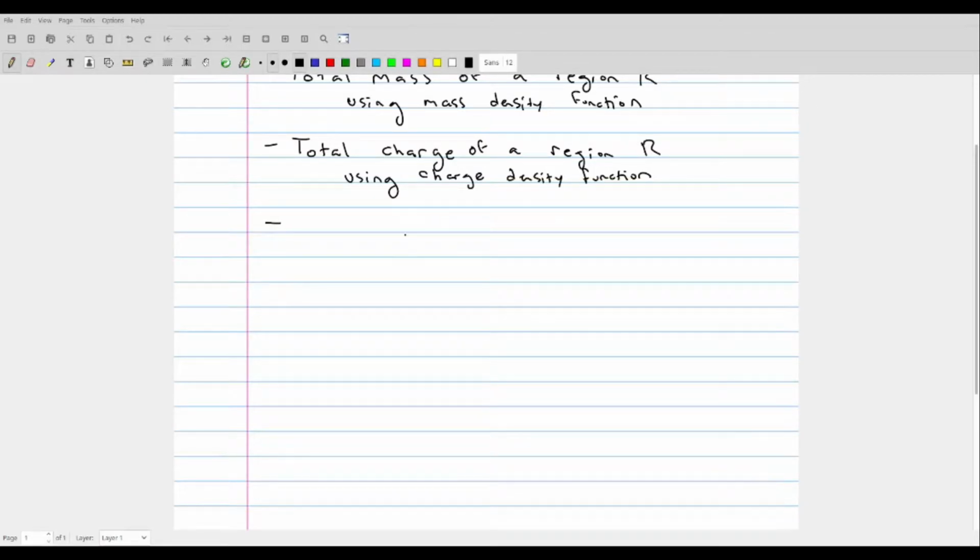So we'll then move on to what's called the center of mass of a 2D region R. And just like we also have the concept of total charge with the charge density as well as mass density, we can talk about the center of charge.